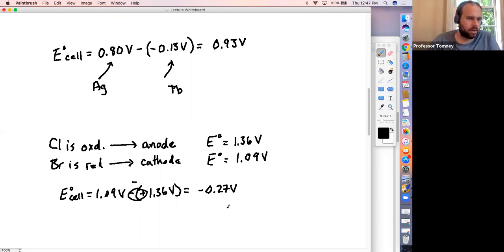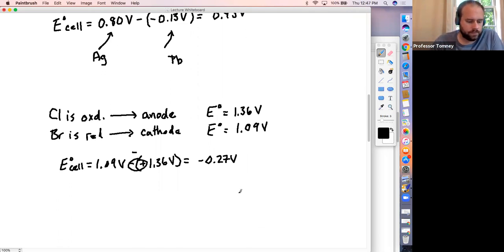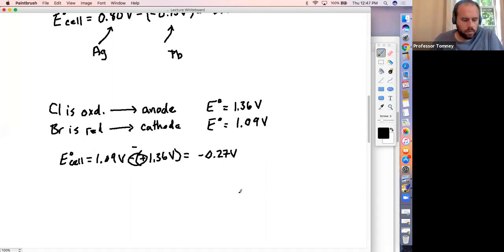It's going to need to be in the positive region. So what that also means is that from a predictive standpoint, if we know that this is not going to be a spontaneous redox reaction, we therefore can predict that delta G should be positive. We're not going to expect a negative free energy in this case. All right, so speaking of that, we want to turn around and calculate the delta G now that we have E cell.